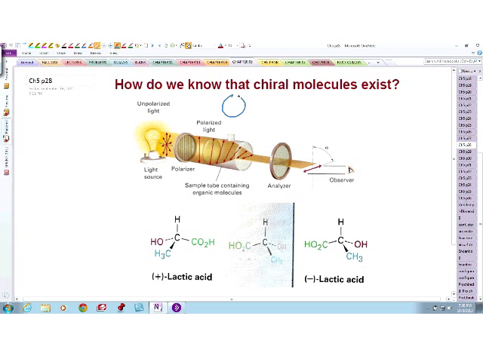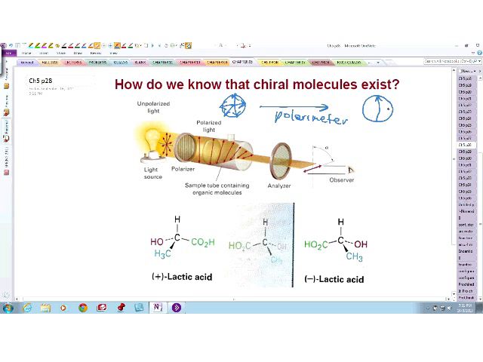Ordinarily, if you have a beam of light, like sunlight or your light bulb, the rays of light go in all directions. But if you pass that light through what we call a polarimeter, all the beam of light now has only one direction.